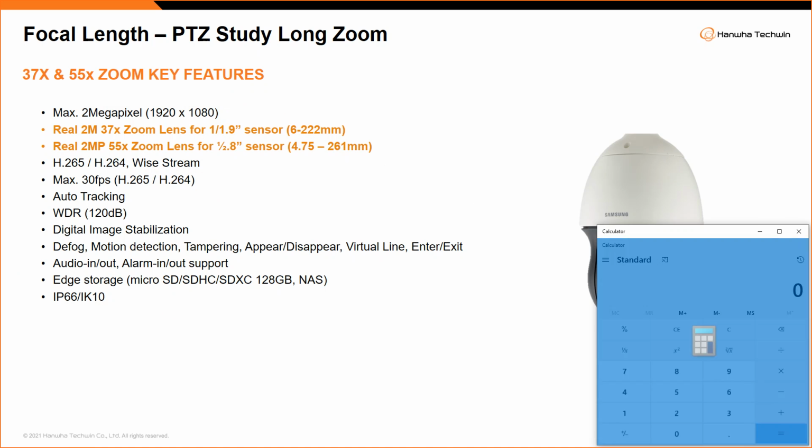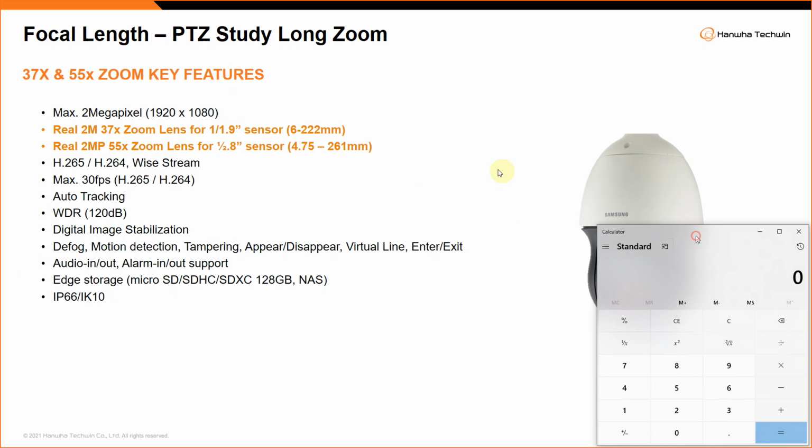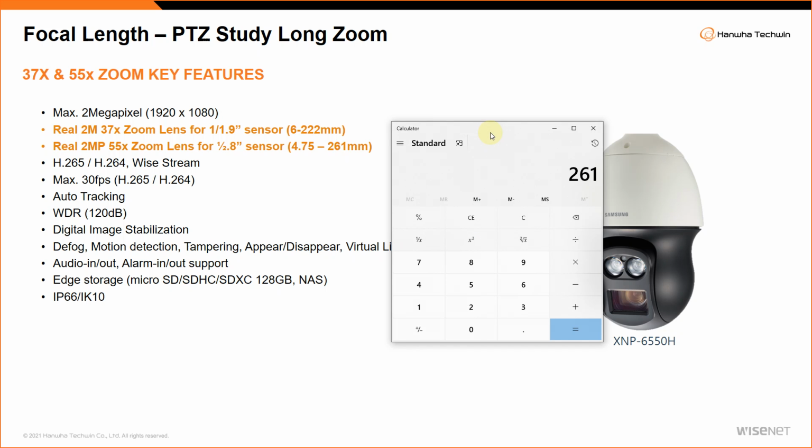You divide the maximum focal length, 261, by the minimum focal length. 261 divided by 4.75 will give me 54.94. So it is rounded up and mentioned here as 55x zoom. What about 222 divided by 6? 37x zoom.